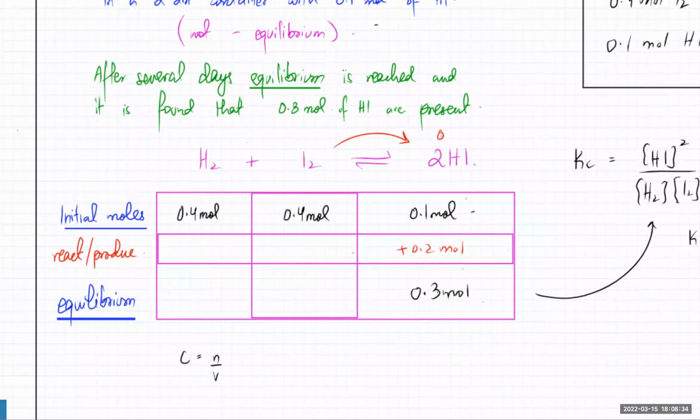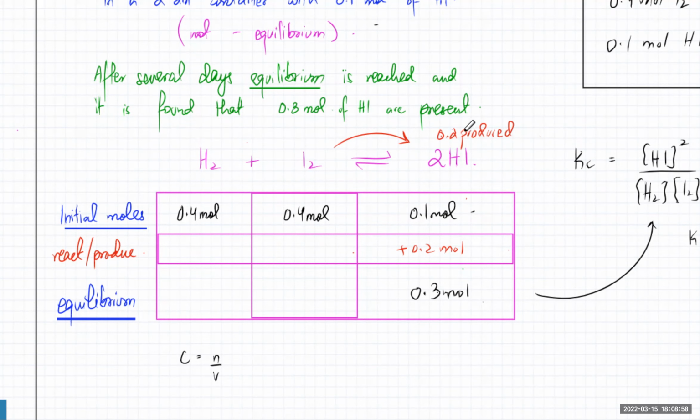So 0.2 are produced. So what is the ratio? How many of them would have reacted if 0.2 are getting produced? It's 2:1:1, right? To produce 2, you need to have one iodine and one H2 reacting.